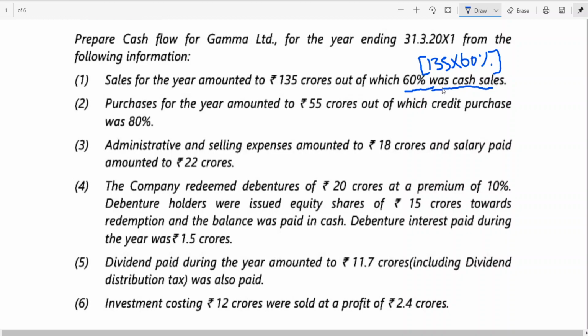Let me tell you clearly, he won't be asking. Sometimes they will be specifically asking you to go for indirect method. When net profit is given, generally we go for indirect method. But when net profit is not given, and information like cash sales or cash collected from debtors is given, direct method.